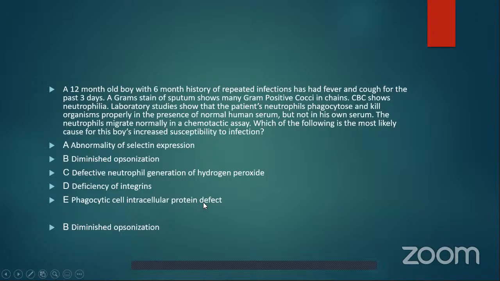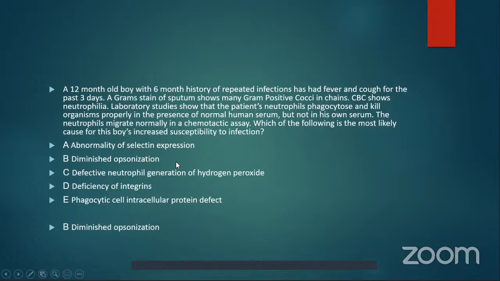If it was a phagocytic cell intracellular protein defect, then in normal human serum, it will not get corrected, because there is a problem within the intracellular protein of the phagocyte itself. They would not have normalized in the regular serum. So what was the only thing provided in the normal serum for the leukocytes to become normal? Opsonins.